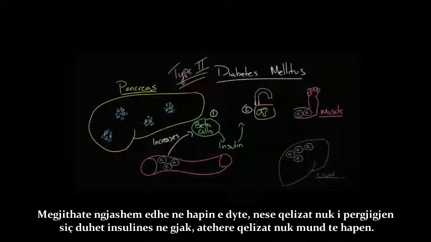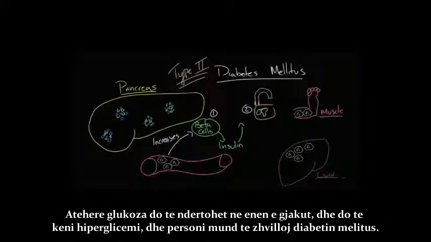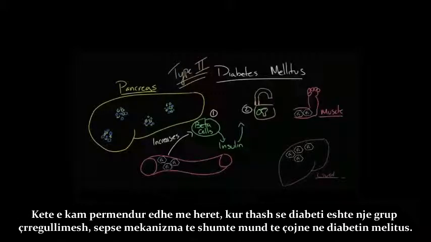However, similarly, in step 2, if the cells aren't properly responding to the insulin in the blood, then they can't be unlocked and the glucose will build up in the blood vessels and you'll get hyperglycemia and the person will develop diabetes mellitus. So this is what I meant earlier when I said that diabetes is a group of disorders because multiple different mechanisms can result in diabetes mellitus.